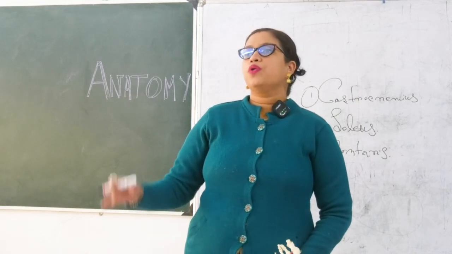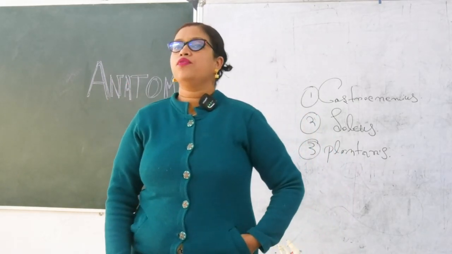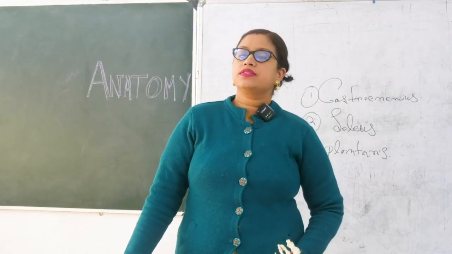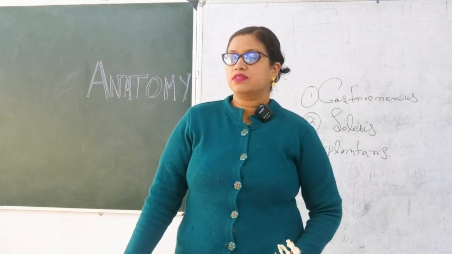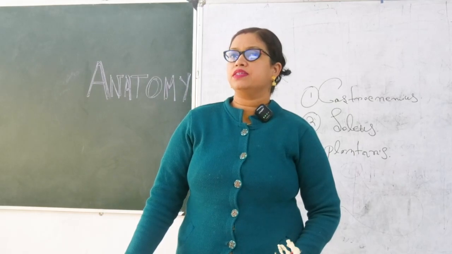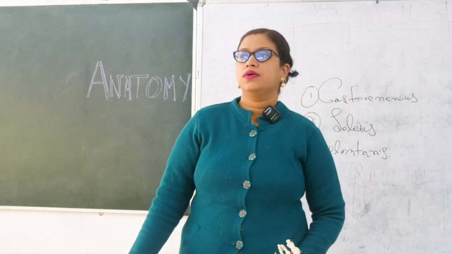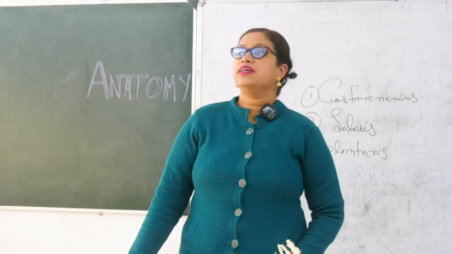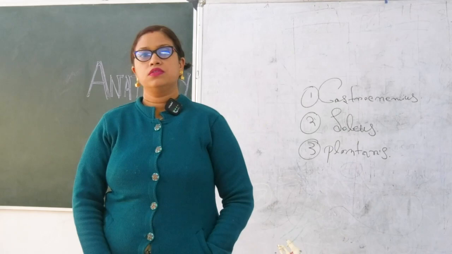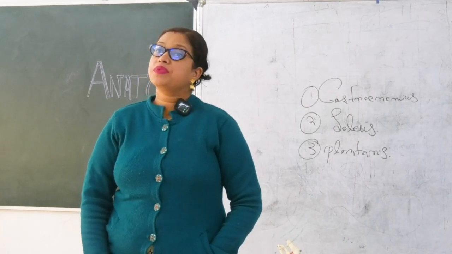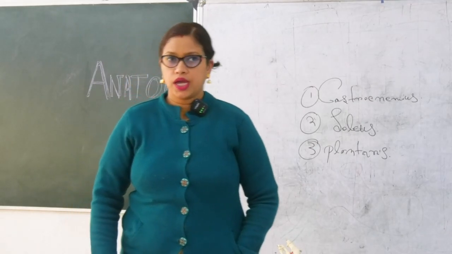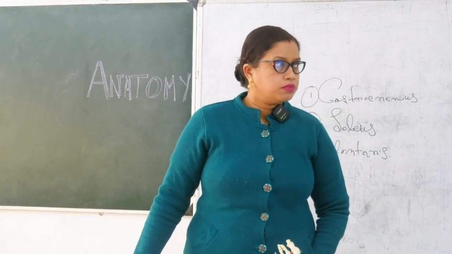From here, write it down, numerous deep veins will connect and pierce the soleus. And what is the nature of this vein? Write it down. It does not have any valves.